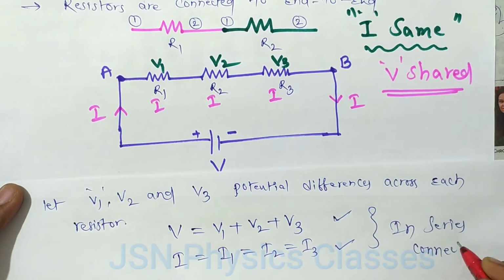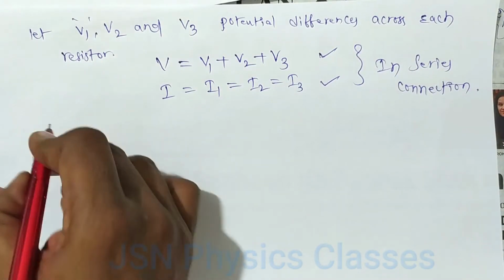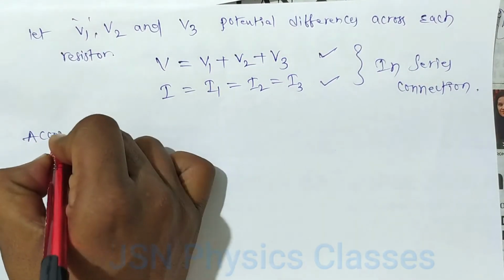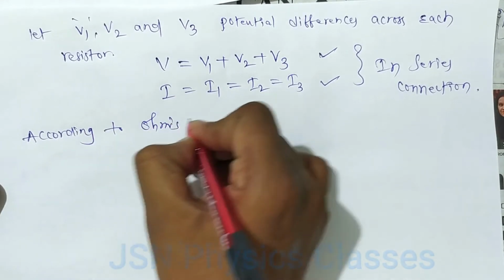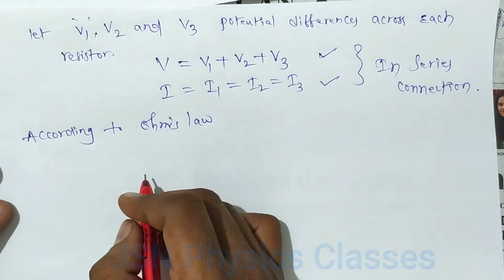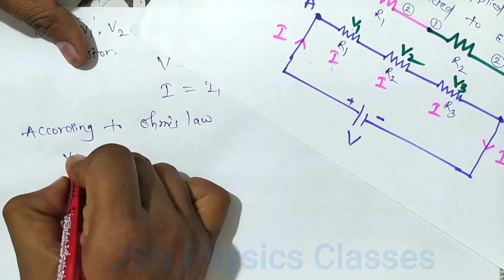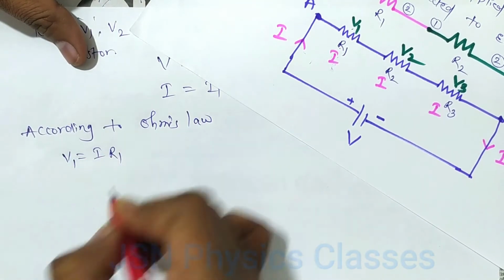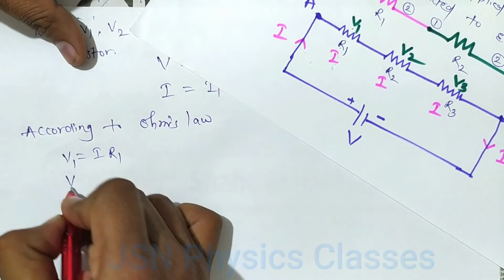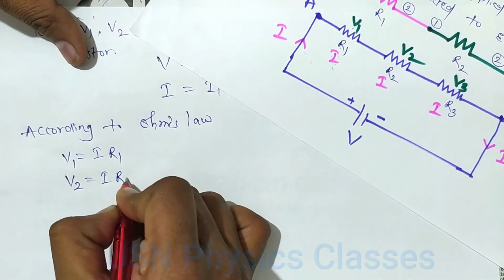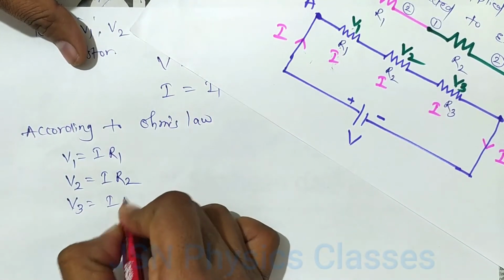According to Ohm's law, the voltage drop across R1 is V1, that is V1 is equal to I R1. Similarly, the voltage drop across R2 is V2, that is V2 is equal to I R2, and V3 is equal to I R3.